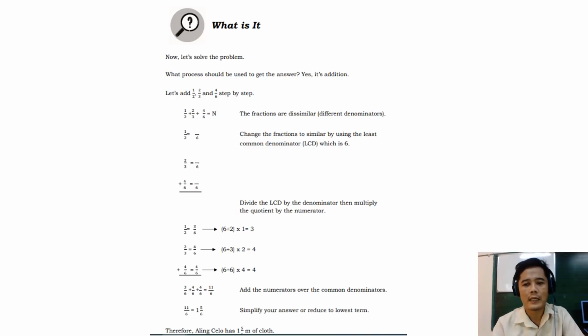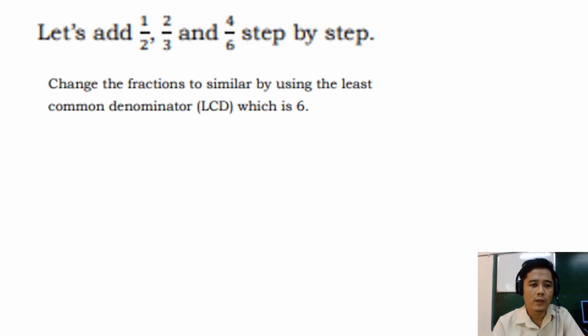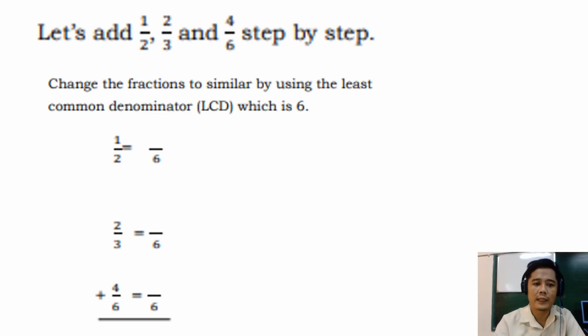So now let's check step by step. Step 1, change the fractions to similar by using the LCD or least common denominator. In your module, the LCD is already given, which is 6.